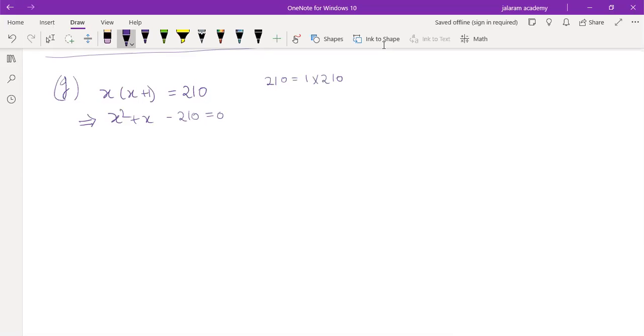Sir, difference. Why do we have to find the difference, not the sum? You don't know. Yes, sir, we have to find the sum only. Sum only. Why the sum?